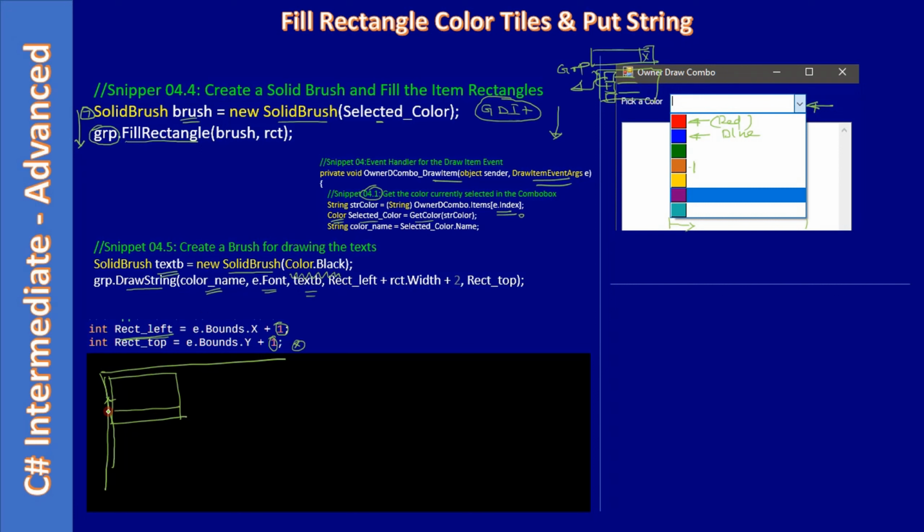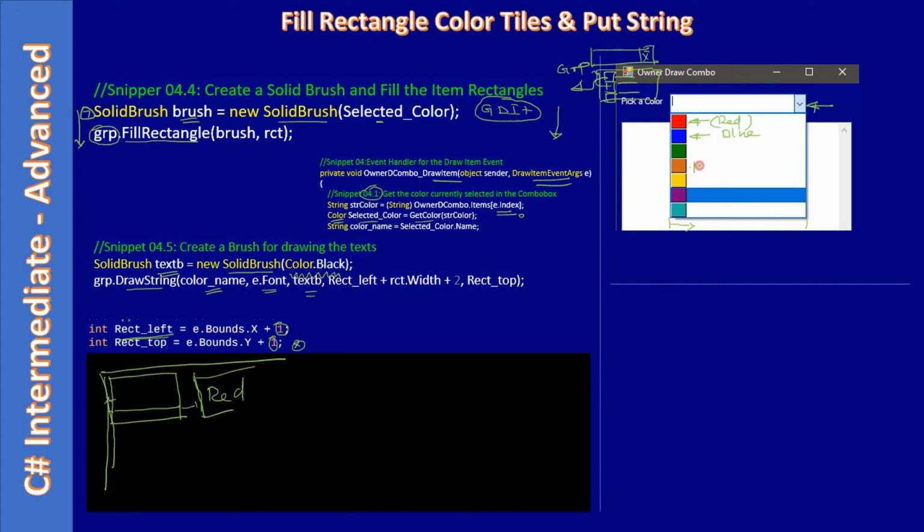And if you see how we are calculating the offset, first we included this, then we came up to this: rect left, rect width plus 2, some more gap, and this is where we want to draw our string, so that if we say red, it will not overlap with this rectangle tile.